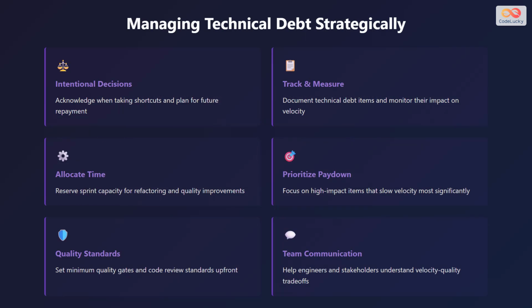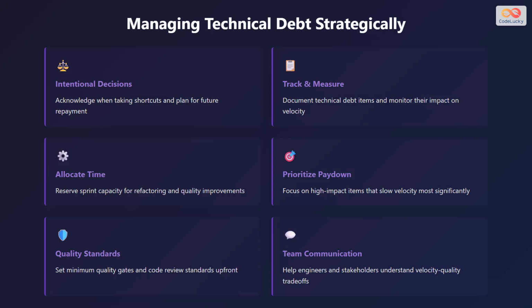Rather than trying to eliminate all technical debt, the best approach is to manage it strategically. Make intentional decisions where you acknowledge when taking shortcuts and plan for future repayment. Track and measure your technical debt by documenting debt items and monitoring their impact on velocity. Allocate time in each sprint specifically for refactoring and quality improvements.